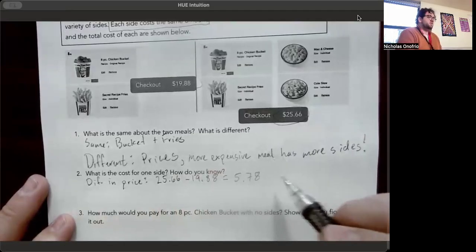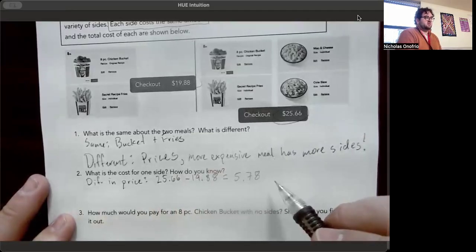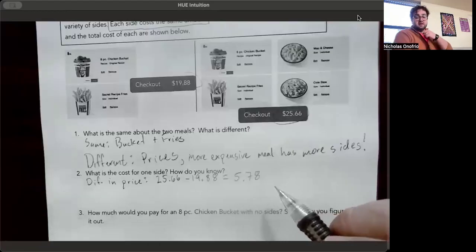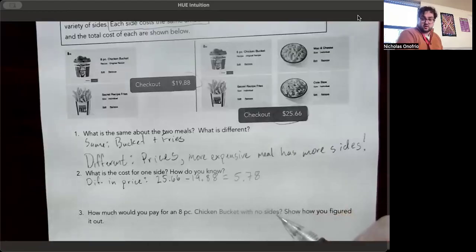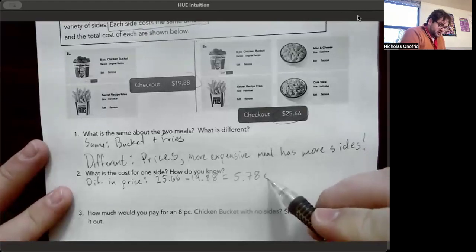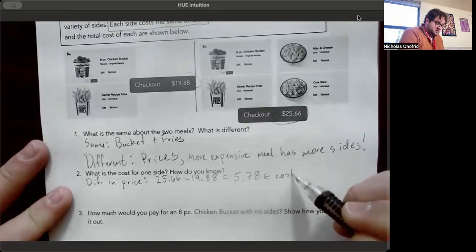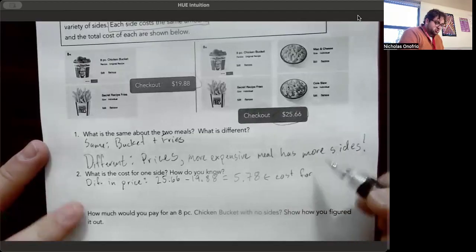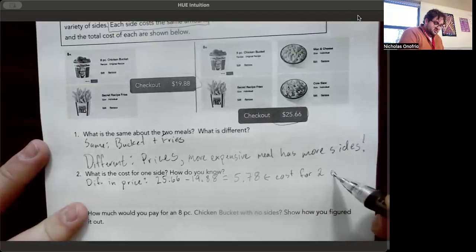Now, what we need to think is, okay, 5.78 is our difference in price. What does that 5.78 represent? Well, in our case, it represents our cost for 2 extra sides.